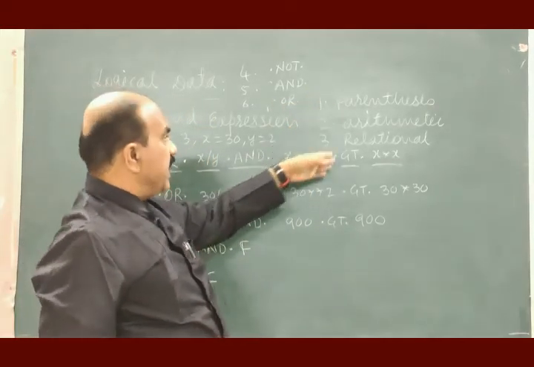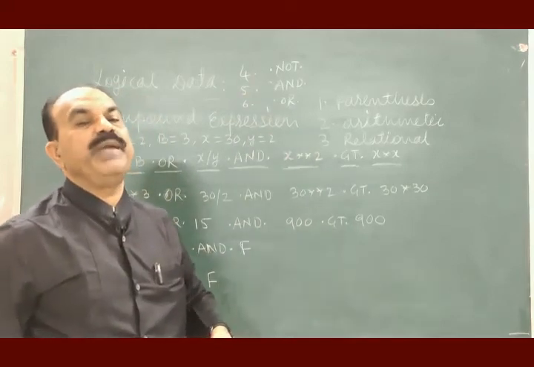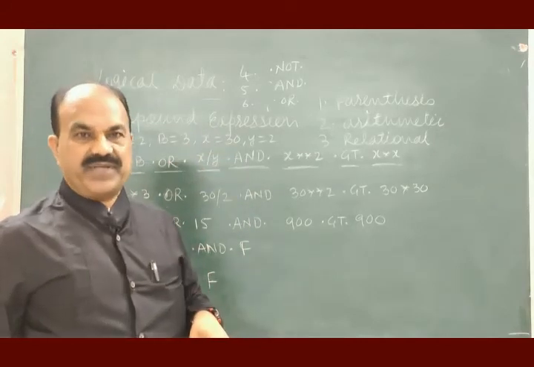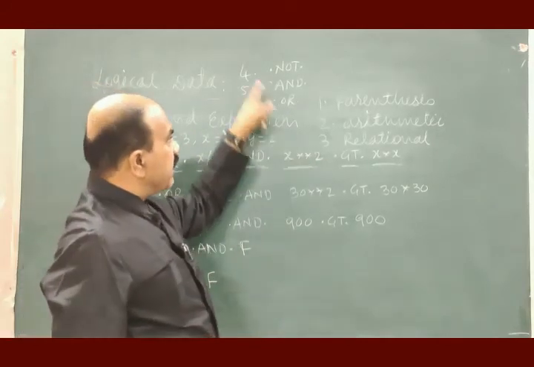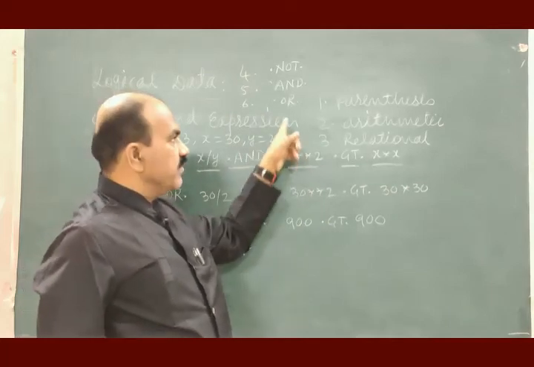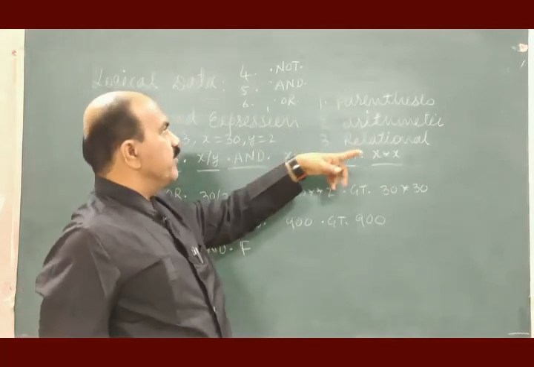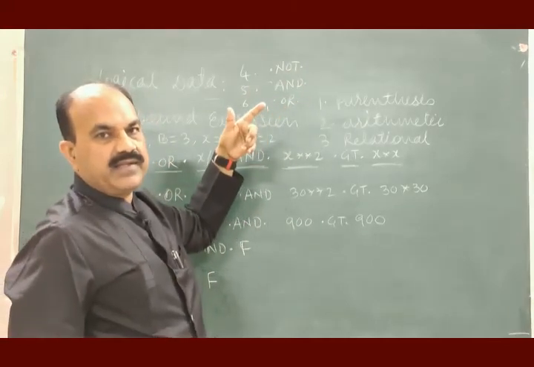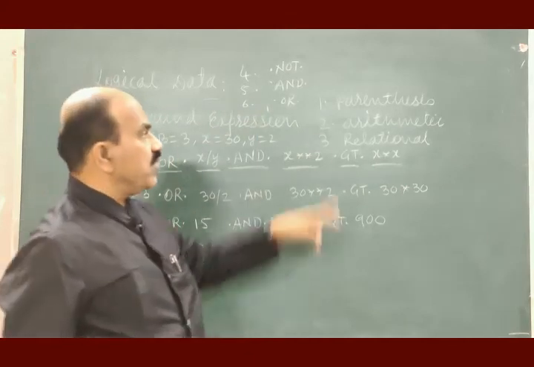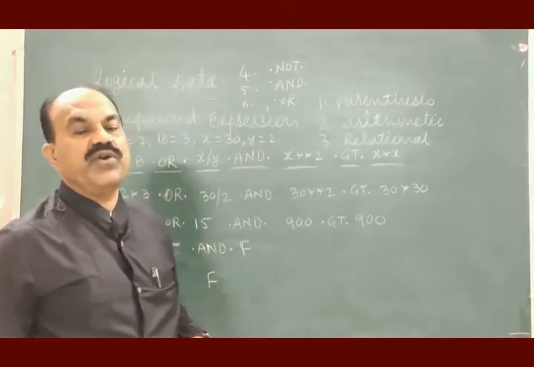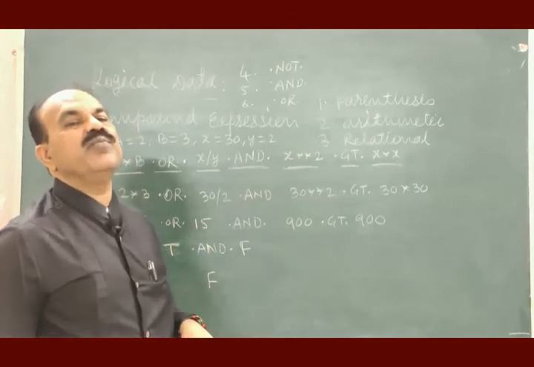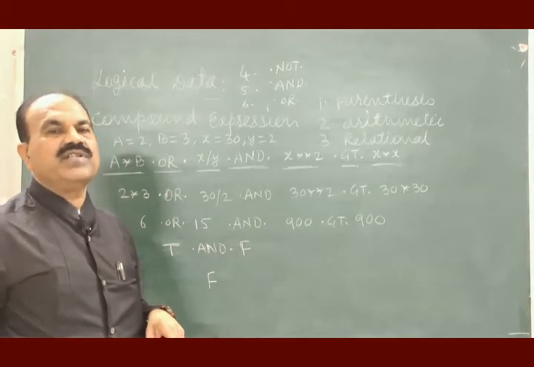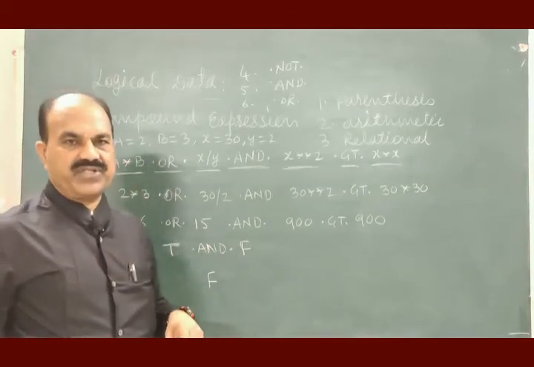Okay, so this hierarchy of operations should be remembered while solving compound expressions. The compound expression should be solved according to these priorities, according to this hierarchy of operations. Then only you will get the correct result after solving the compound expression.